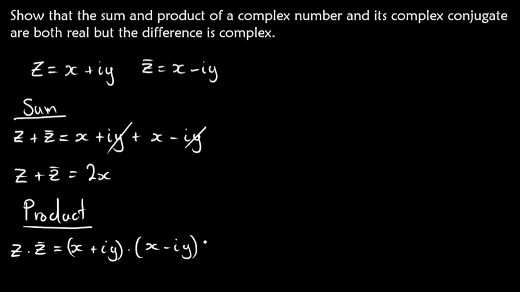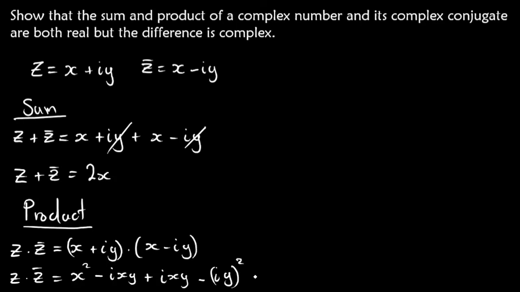So z times the conjugate: x times x gives us x squared, x times negative iy gives us negative ixy, iy times x gives us a positive ixy, and lastly iy times negative iy will give us negative i squared y squared.